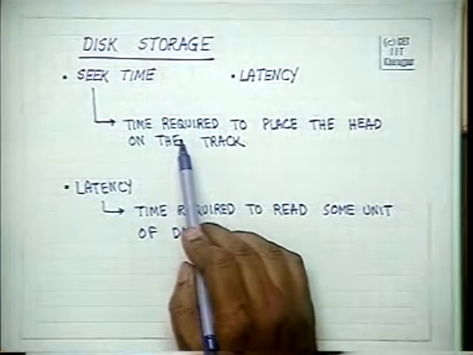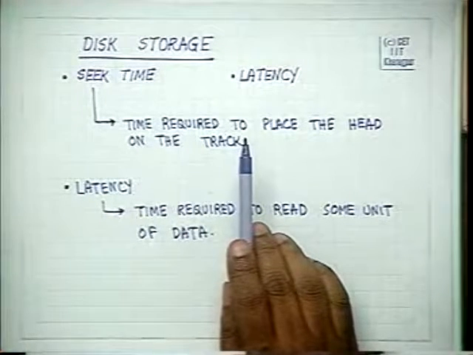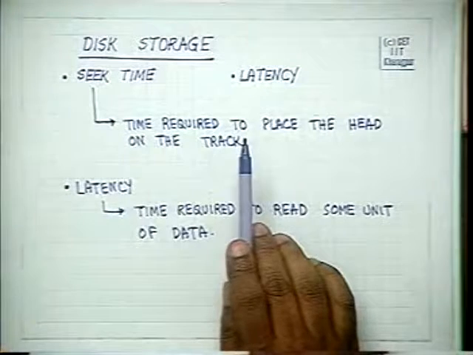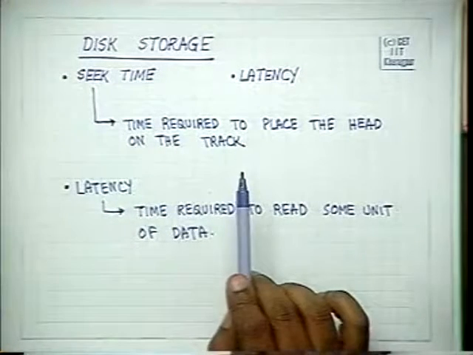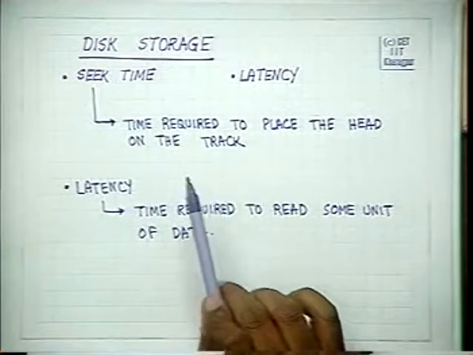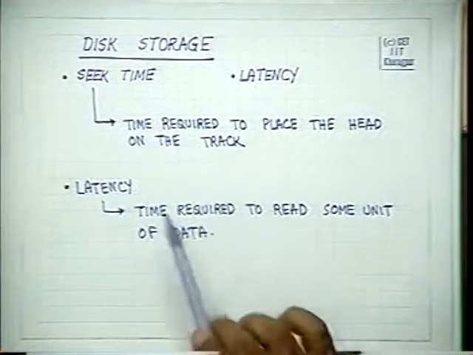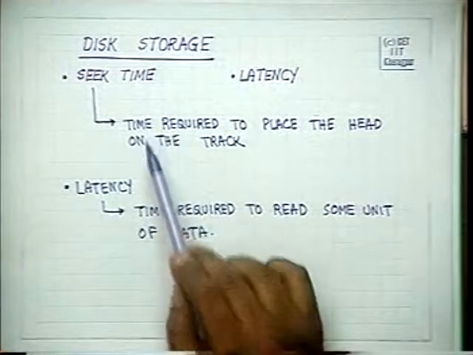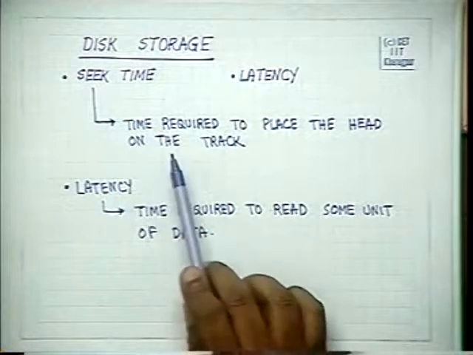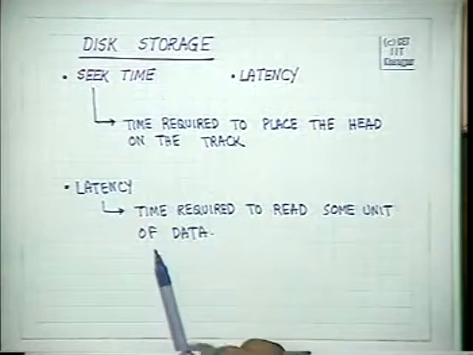So first is the time to position the head on the particular relevant track on which I want to read the data, and the second is while the disk rotates I have to read that amount of information. That is, it may be proportional in the worst case to the total rotation of the disk, one cycle rotation of the disk. So these are the two times involved in actually reading or writing a particular type of information.